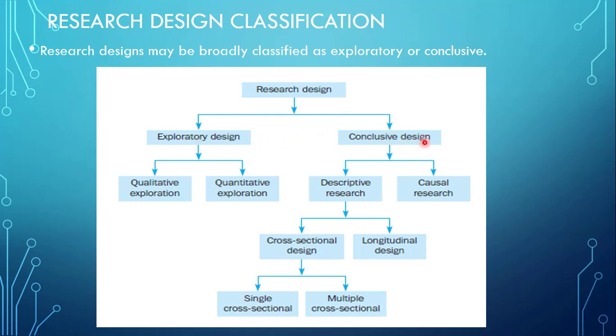When it comes to conclusive research design, it is more of a problem solving research design than a problem identification research design. When you say conclusive, it will help you to solve that specific problem, and it will give you not a highlight but detailed information about that specific phenomenon, and it will help you to solve the problem that exists in the market.